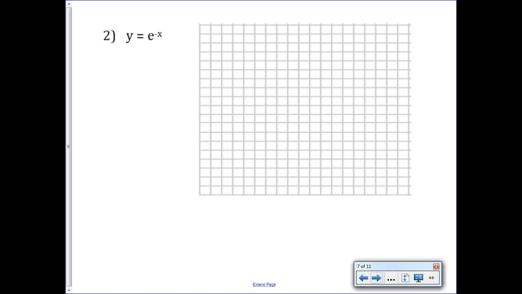E to the negative x power. So that's like saying 1 over e to the x. So in this case, our a value is still going to be 1. So our y-intercept is 1.